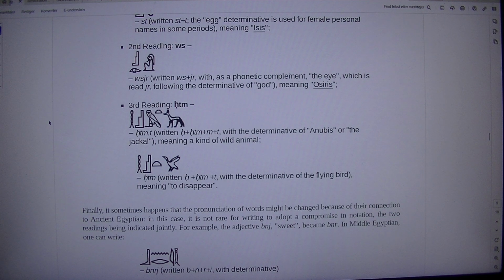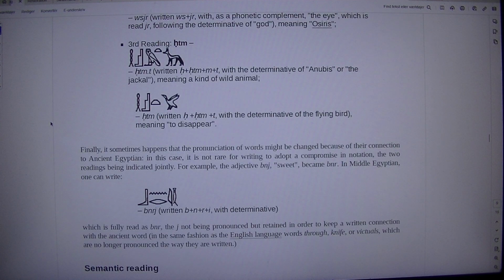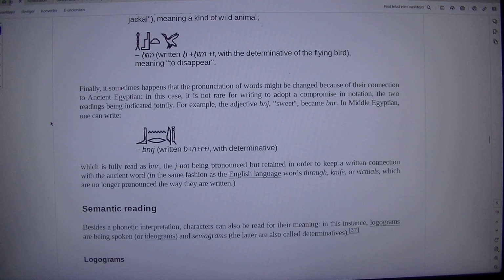Finally, it sometimes happens that the pronunciation of words might be changed because of their connection to ancient Egyptian. In this case, it is not rare for writing to adopt a compromise in notation, the two readings being indicated jointly. For example, the adjective BNJ, sweet, became BNR.